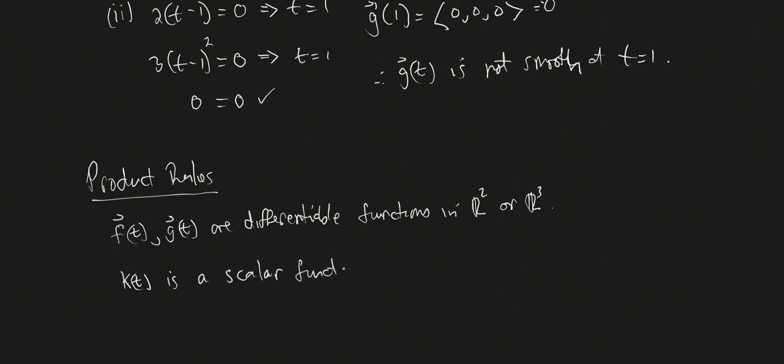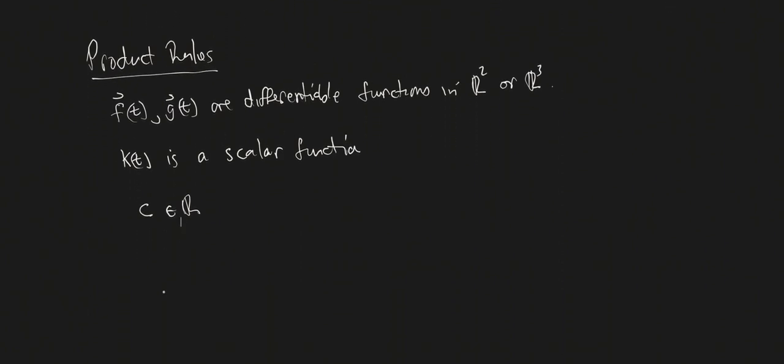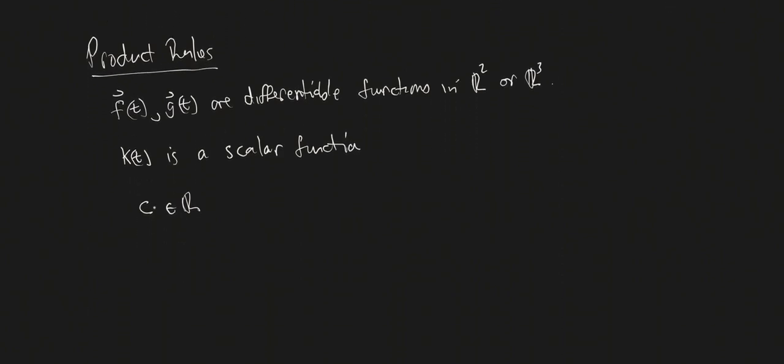So it's a function, but it produces a number as opposed to these functions that produce vectors. And then suppose c is a real scalar. The reason I'm saying that there are four kinds of products we could do is this. One of our basic vector operations is that we can take a constant and multiply a vector.